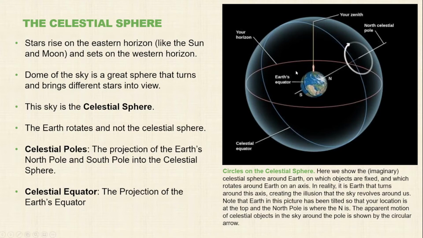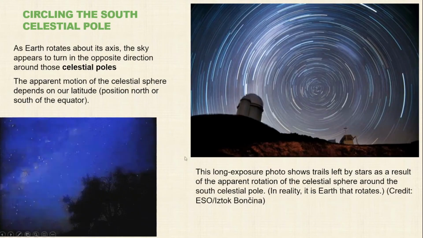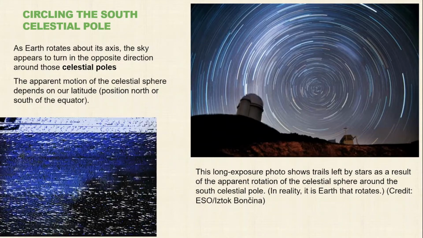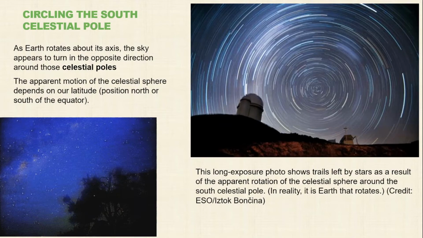And the celestial equator is the projection of the Earth's equator out here. And as that dome seems to rotate, or as the dome rotates, again, that's the effect of the Earth's rotation, but for now we can call that the dome rotating.